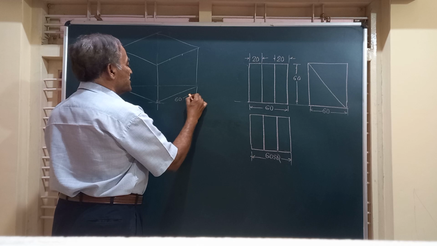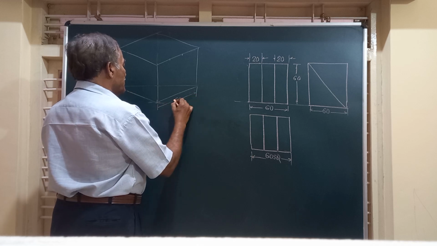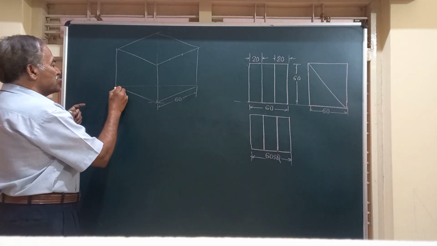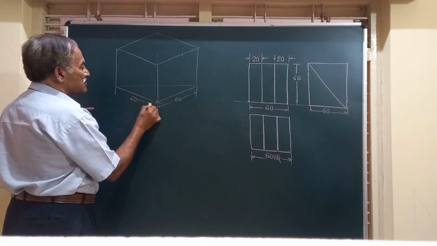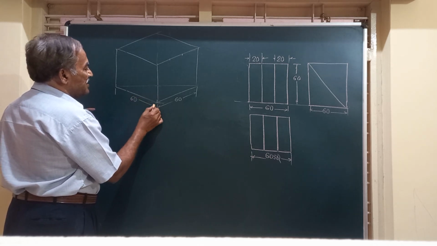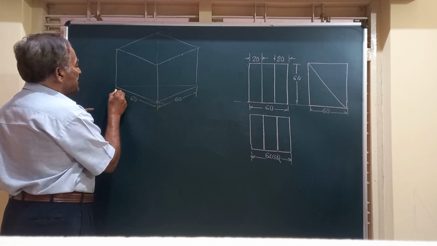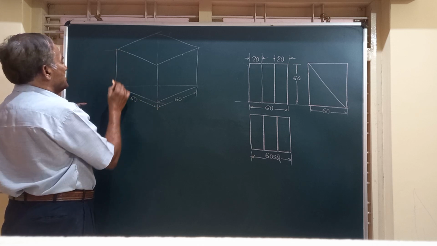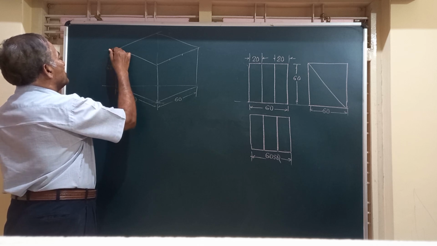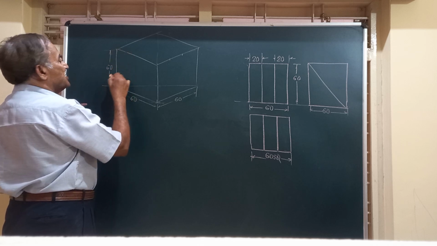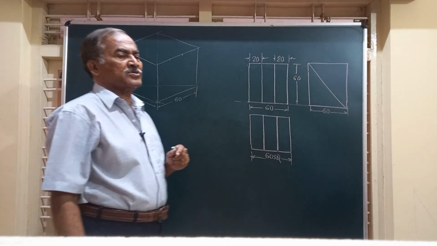The length is 60. The width is also equal to 60. So, I will mark 60 here. Finally, the height of this is also 60. These dimensions you can compare with the dimensions of the orthographic views.